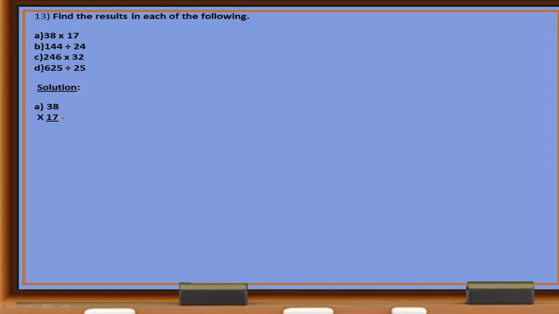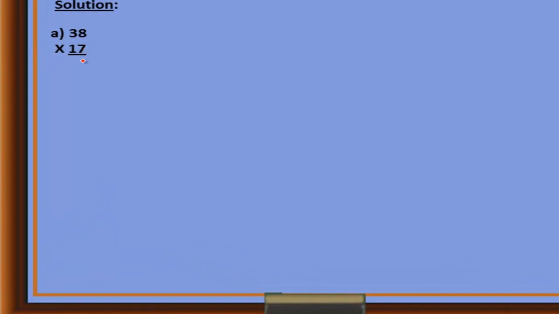Number 13, find the results in each of the following. A. 38 times 17. Let us work it. 7 times 8 is 56.